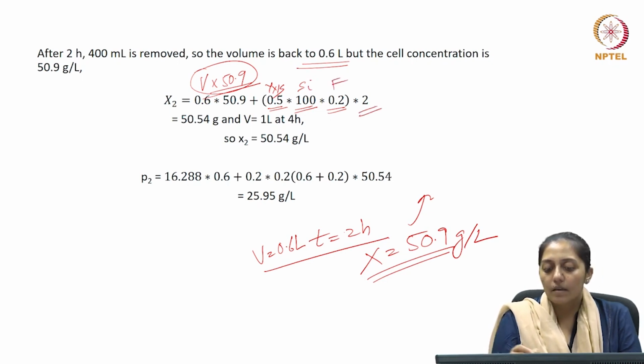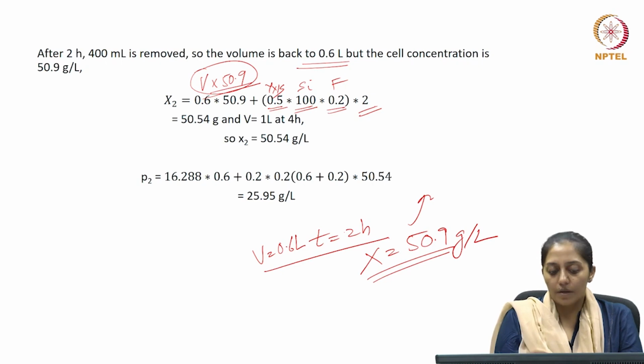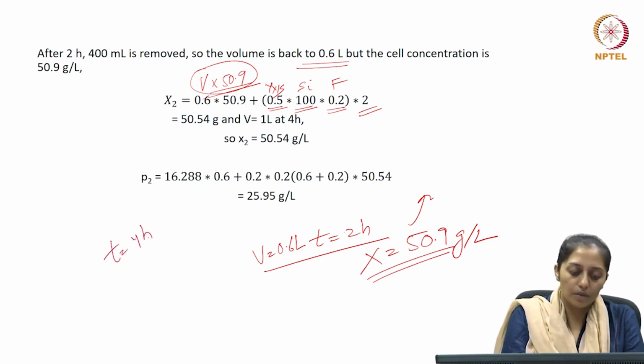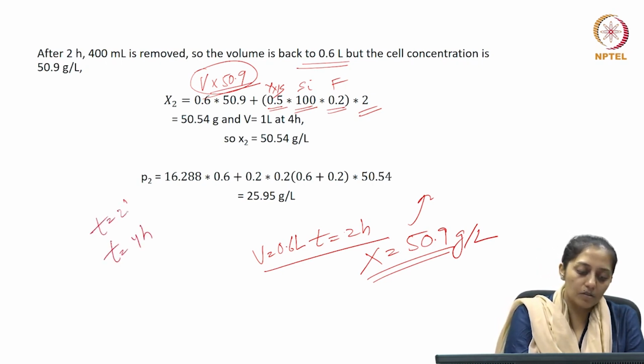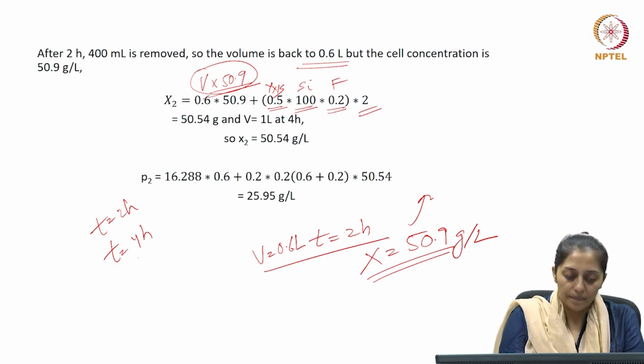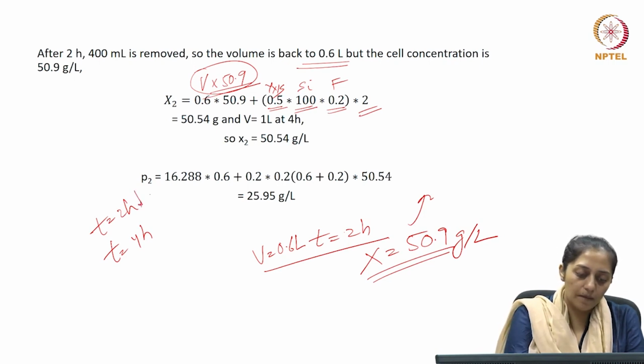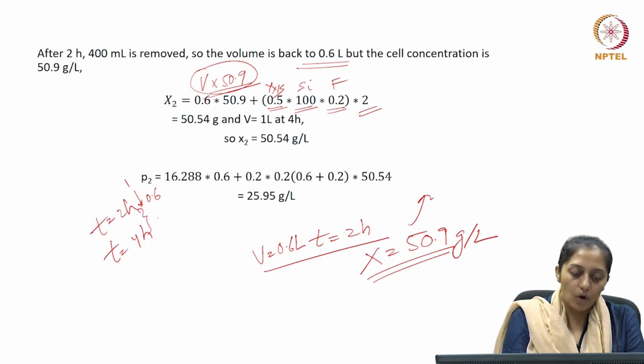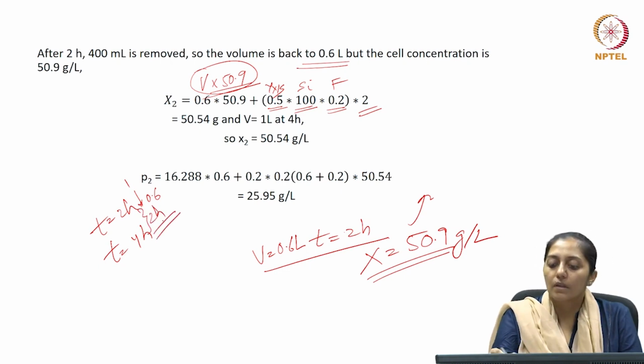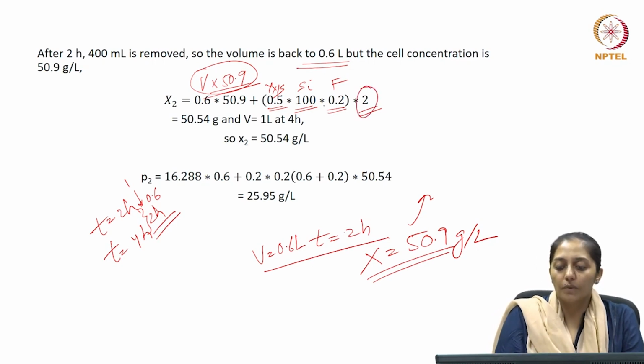And T is, because till 4 hour, T is equal to 4 hour and we had started at T equals 2 hour, where the removal happened and the volume reduced to 0.6 from 1 liter. So, how long was the feed done? The feed was done for another 2 hours. So, here the T value is 2 hours.